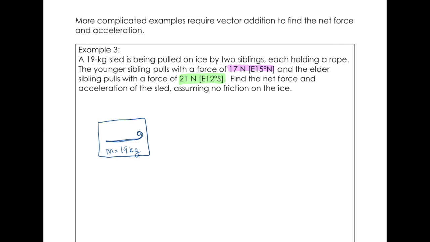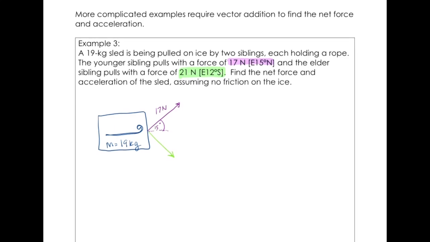The younger sibling is pulling from the eastern border 15 degrees north. So that's here. They were pulling 17 newtons. And then the older sibling is pulling from the eastern border 12 degrees south.